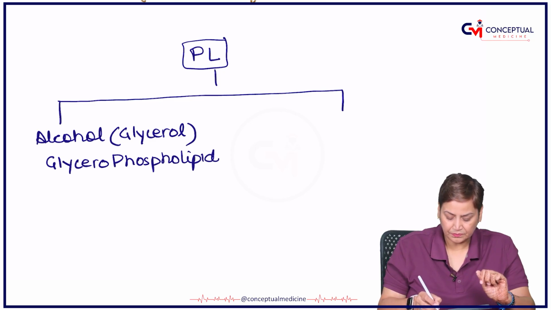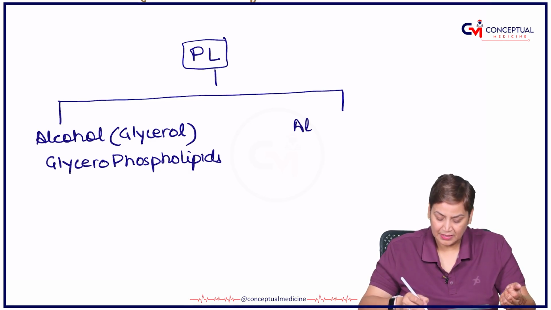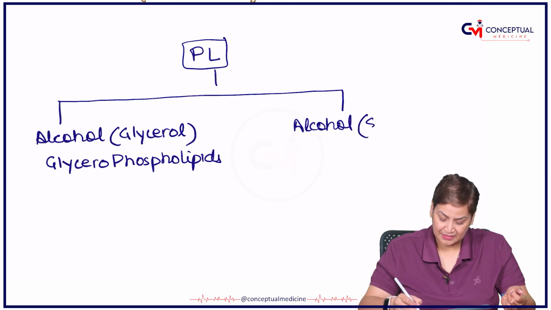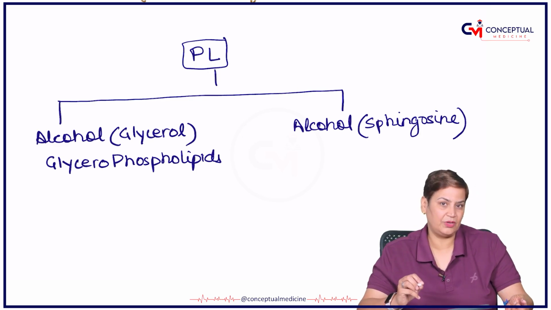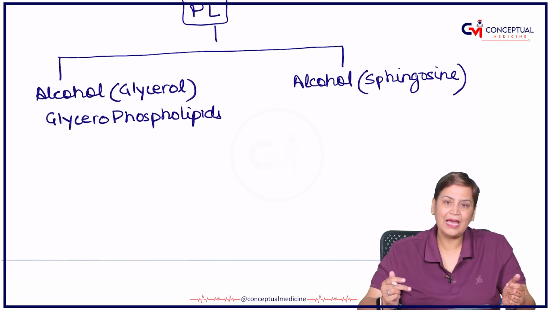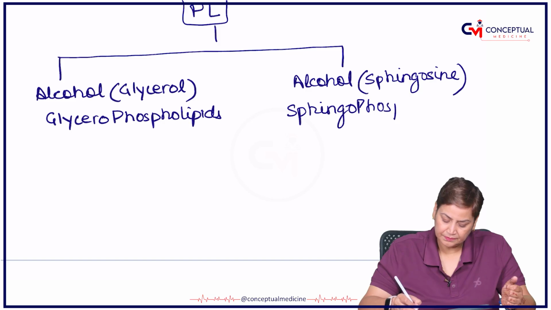And if the alcohol is not glycerol and that alcohol is sphingosine, which is again a very, very important unsaturated alcohol, you see the alcohol has changed. So when the alcohol is sphingosine, it becomes sphingophospholipid.